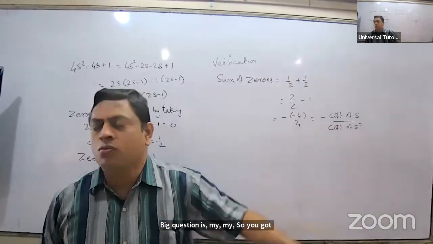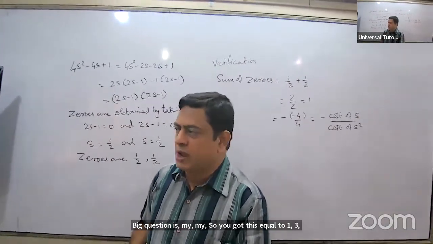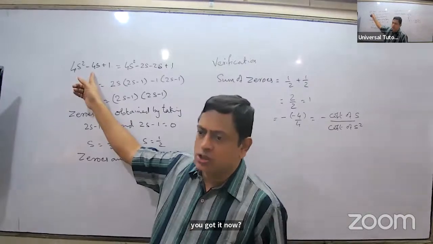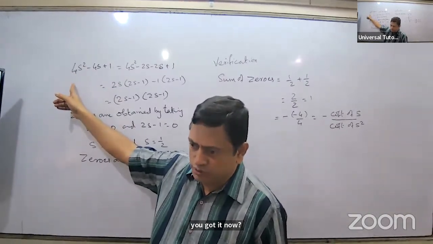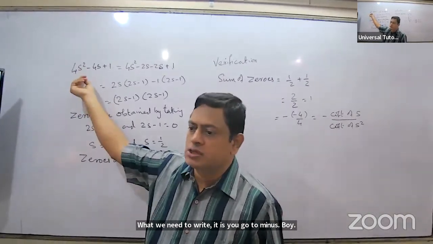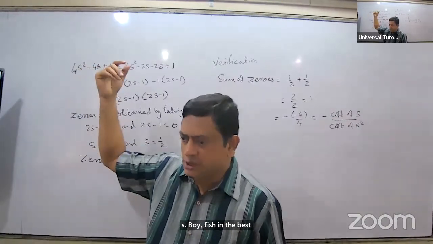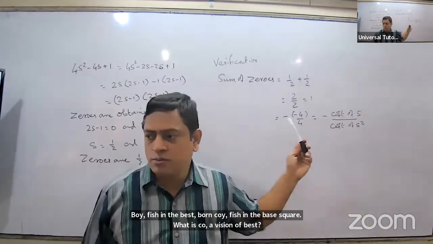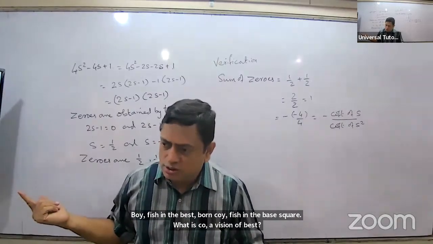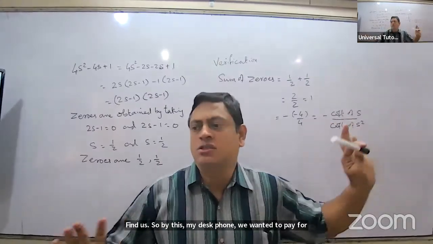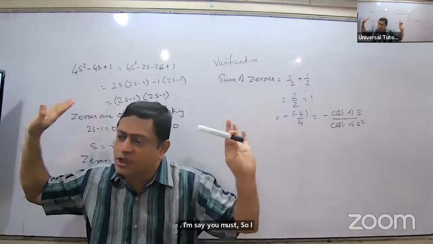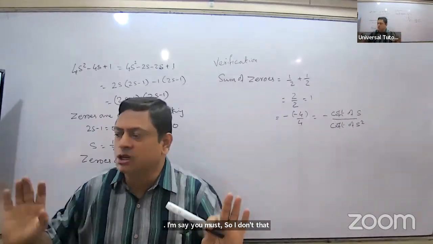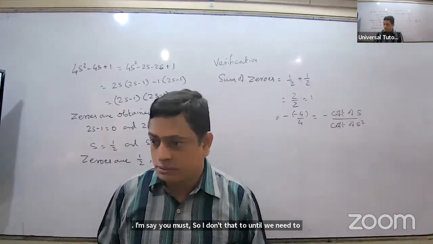What we need to write is: it is equal to minus coefficient of s upon coefficient of s square. What is the coefficient of s? Minus 4. So minus of minus 4 divided by 4. That is the same as 1 only, no? The formula you have to keep in mind, that's all, nothing else. Accordingly write, automatically the answer will be there. Okay?